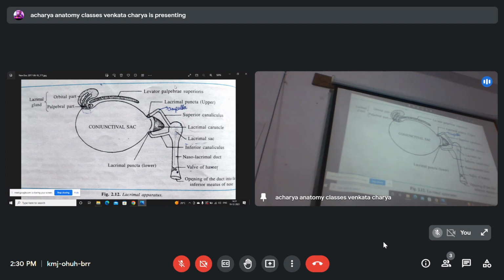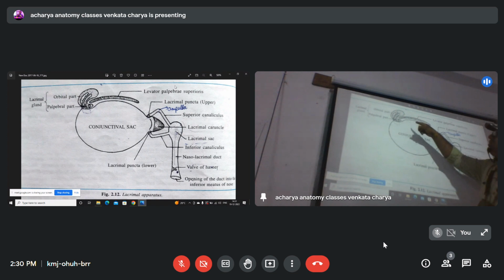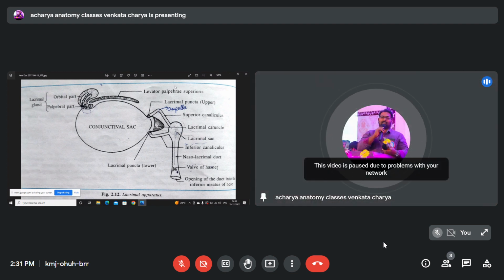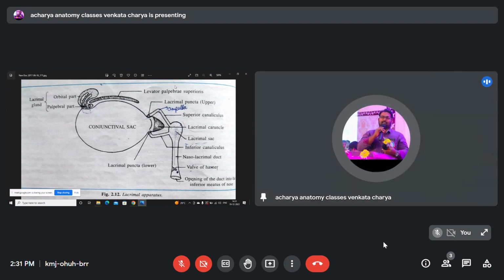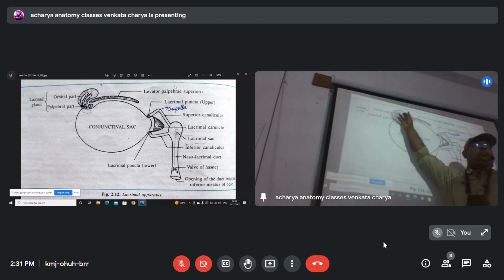This muscle runs up to the upper eyelid. So this muscle separates the gland into two parts.